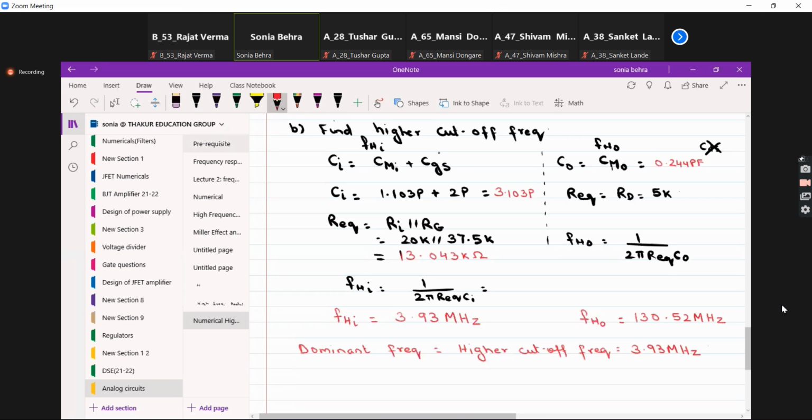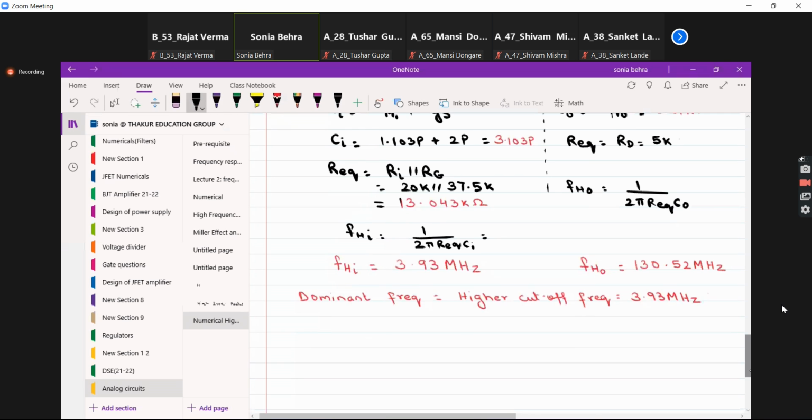Now the last part they have asked is the third part, to find out the voltage gain. So, mid band voltage gain.